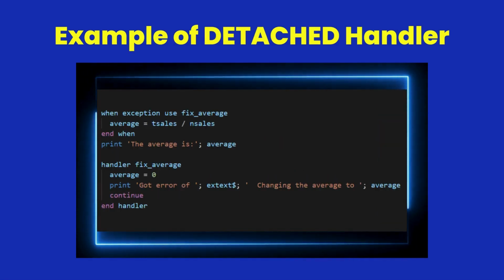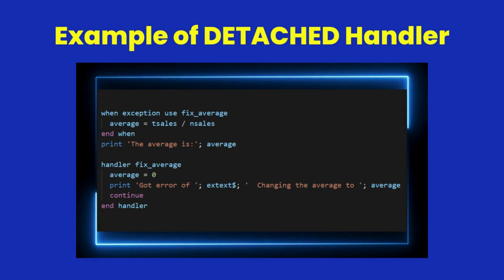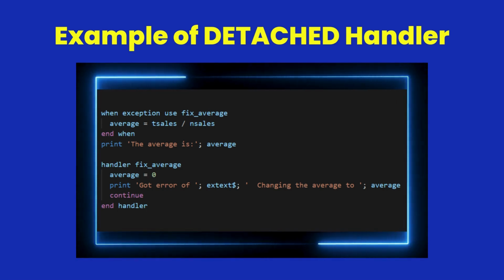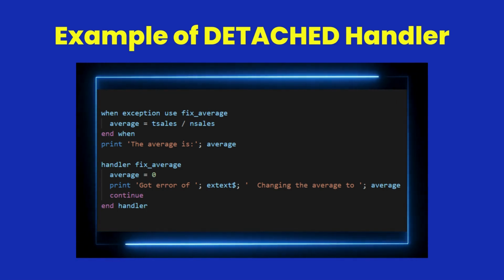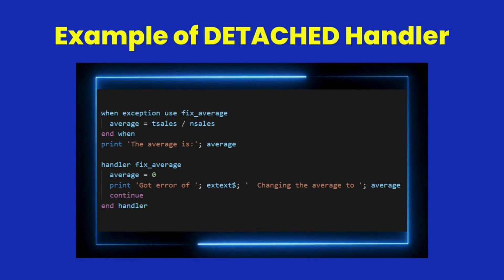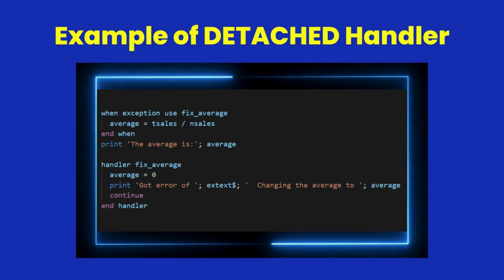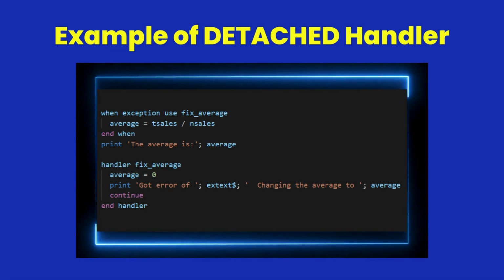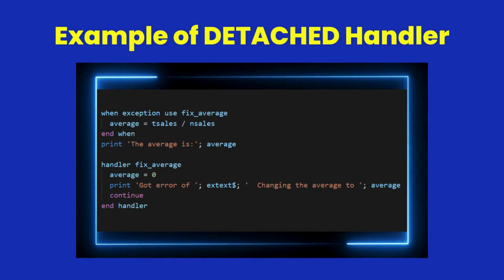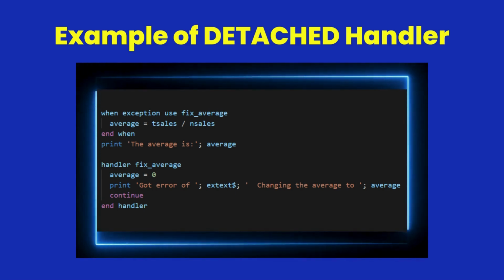Let's look at an example of using a detached handler in Sheerpower. The WHEN EXCEPTION USE statement calls a separate handler routine. Here's how it looks. In this example, WHEN EXCEPTION USE specifies that a separate handler routine, fix_average, will be used for exceptions. Protected code, the code within the when block attempts to calculate the average.